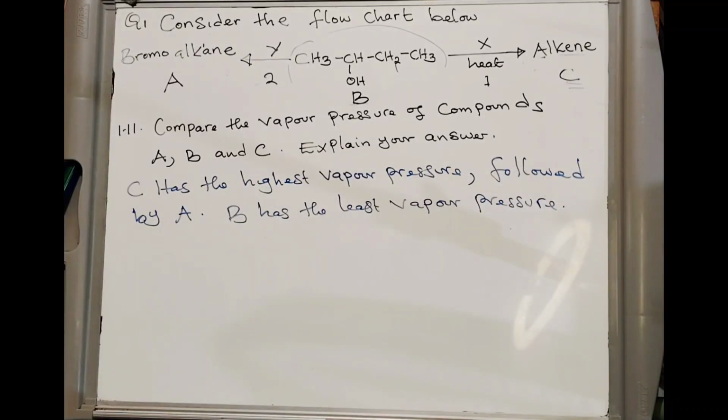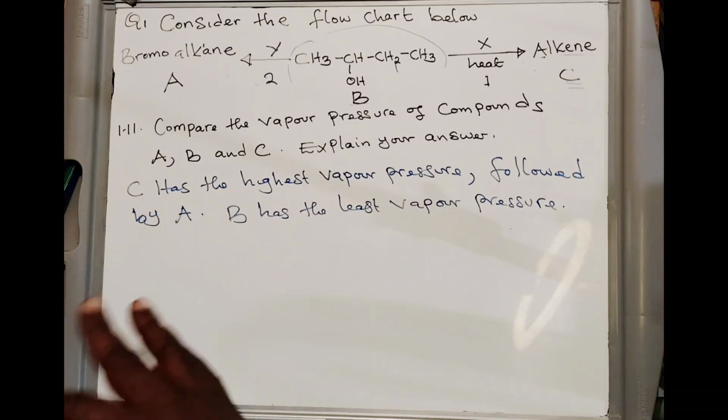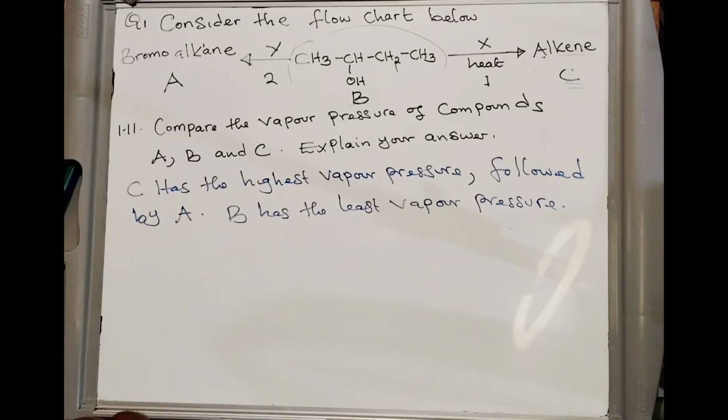Now they say explain your answer. How to explain? We have to remember that B, which is alcohol, has the strongest intermolecular forces. And the stronger the intermolecular forces, the less is the vapor released. And we must also remember that C has the weakest. The weaker the intermolecular forces, the easier they are broken to release the vapor. So that is going to be our answer.